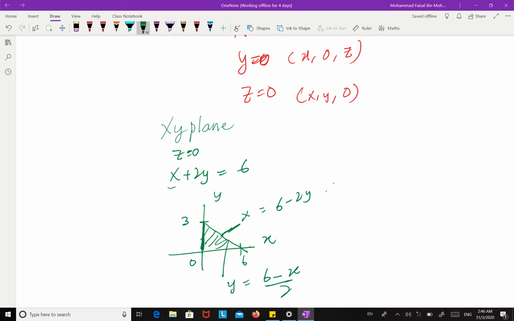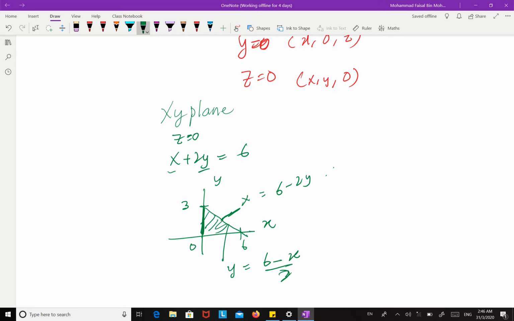I just treat x as a constant or y as a constant. Remember that we have dx dy and dy dx. Here x is always 0 on the y axis, and y is always 0 on the x axis. So you can integrate directly using this, which is type 1.